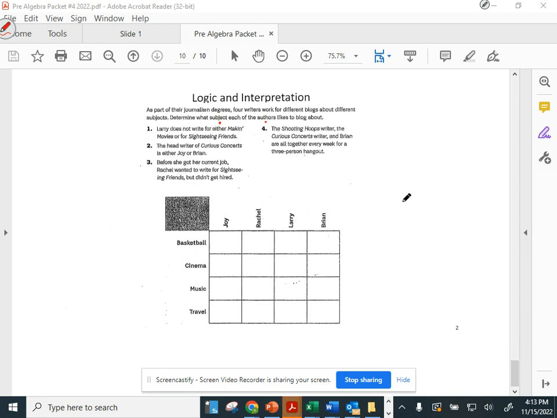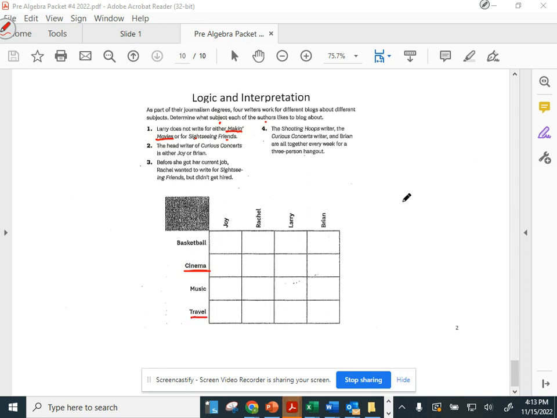So Larry does not write for either making movies or sightseeing friends. We have to figure out what subject making movies would be. Well, movies have to do with the theater, which is another word for cinema. And sightseeing friends, well, if they're sightseeing, they're traveling.